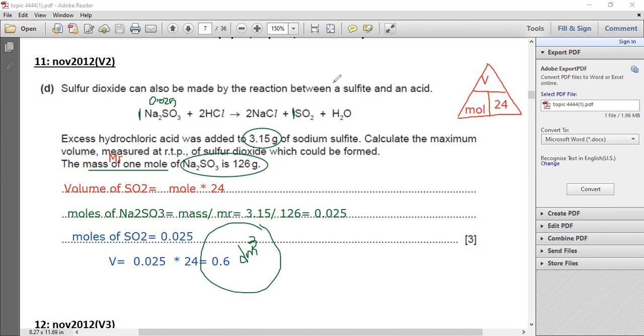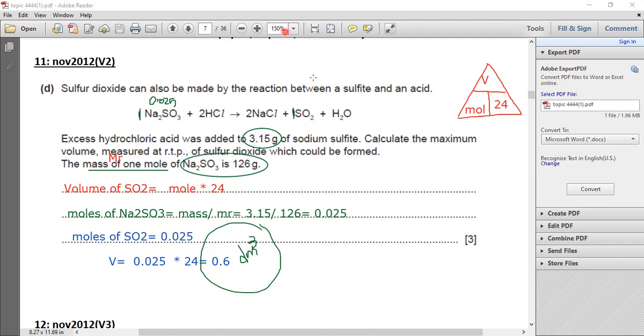So in this question, the problem was I cannot find the number of moles of SO2, but I will find the number of moles of Na2SO3 and I will use it as a guide by using the mole ratio to find moles of SO2. Talal, got it? Yes, got it.